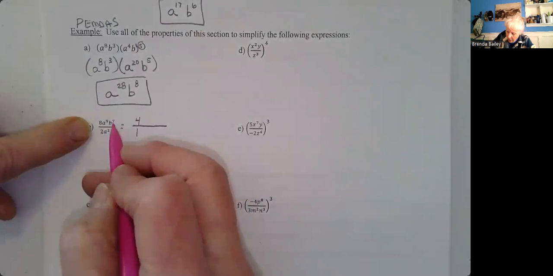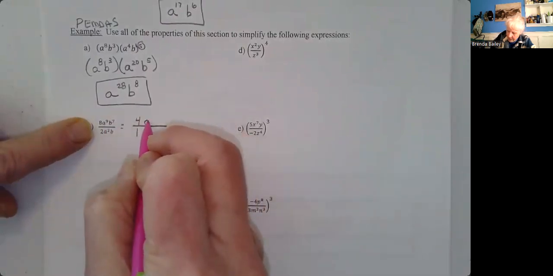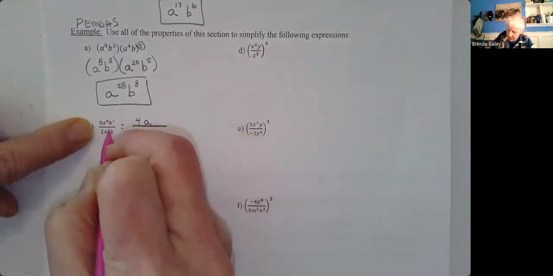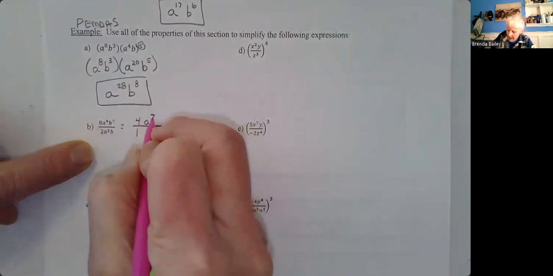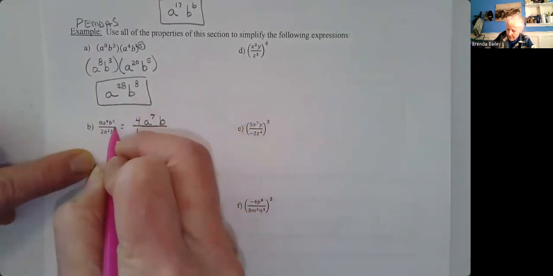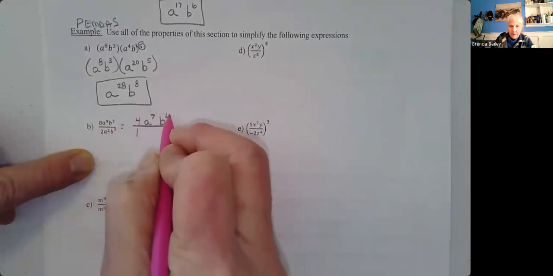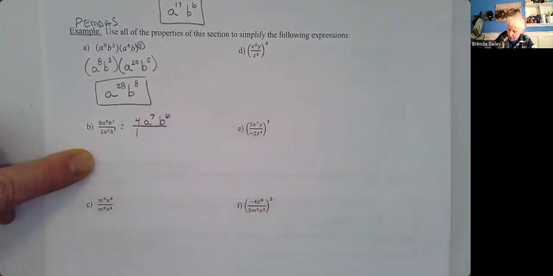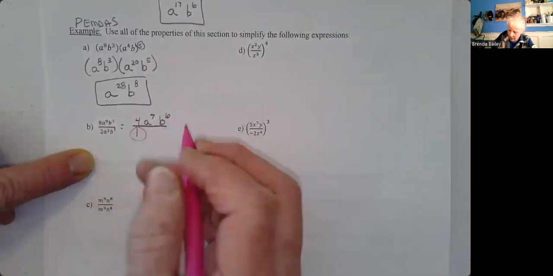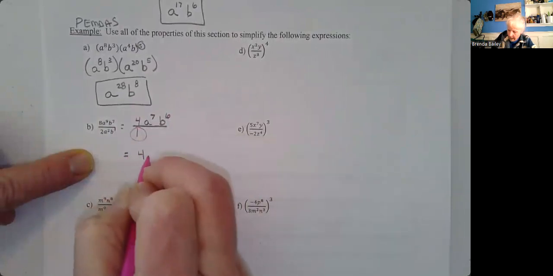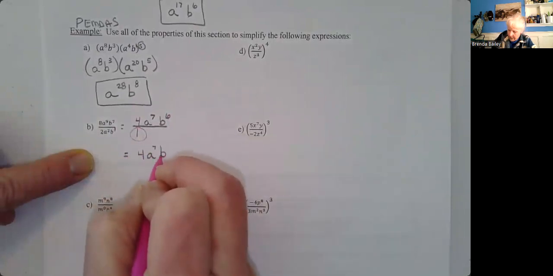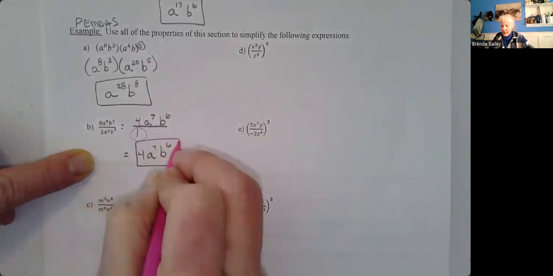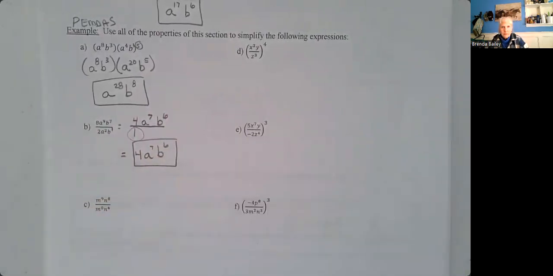Let's go ahead and do our A's. 9 minus 2 is 7. B, 7 minus 1 is 6. So because there's just the 1 down here, it's 4a to the 7th, b to the 6th. We don't need that.